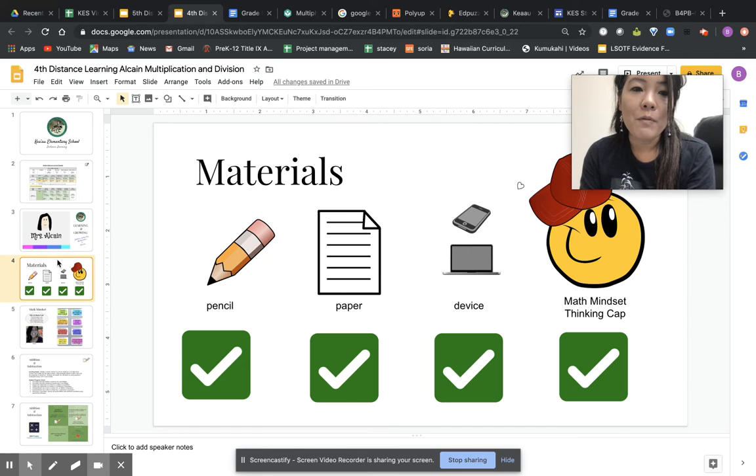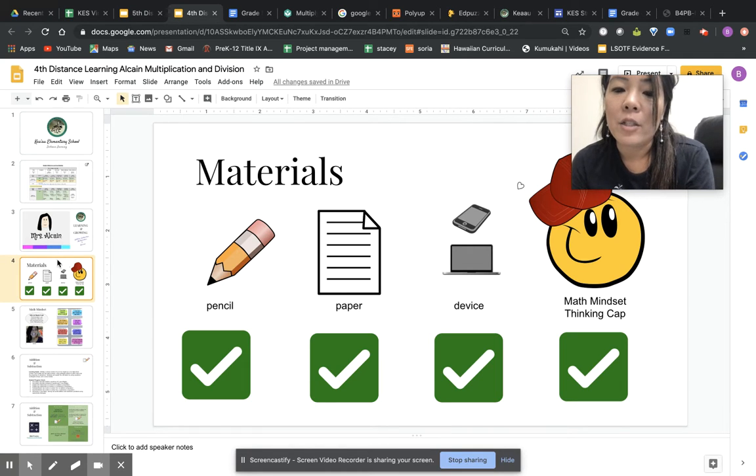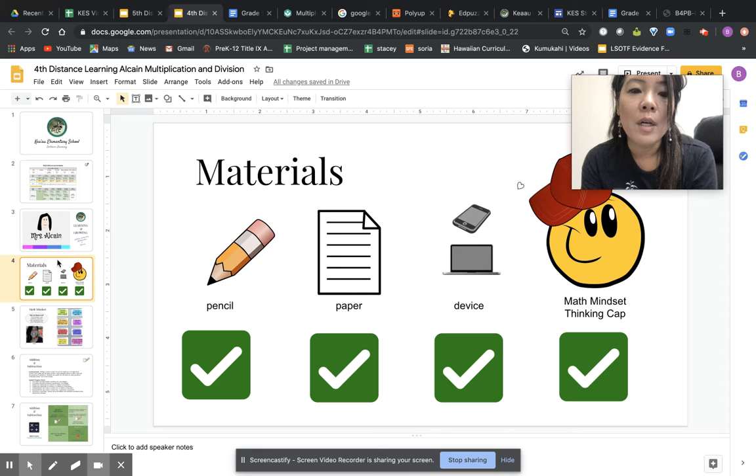Here are some of the materials you're going to need each time you sit down to review our videos. You should have a pencil or 2, paper, your device, and your math mindset thinking cap. That is very important. As you know, math is not easy.